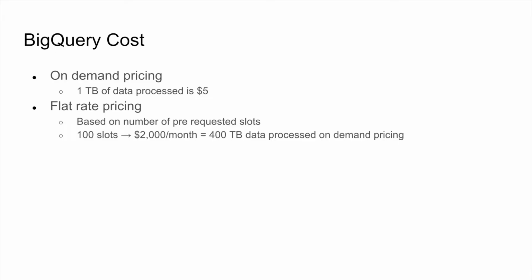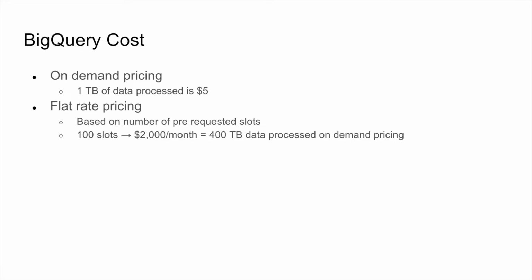There is also a flat rate price model, which is based on the number of pre-requested slots. Generally, 100 slots are approximately equal to $2,000 per month, which can be roughly converted into 400 terabytes of data processed on demand. So it does not make sense for you to go for a flat price model unless you are scanning way above 200 terabytes of data.